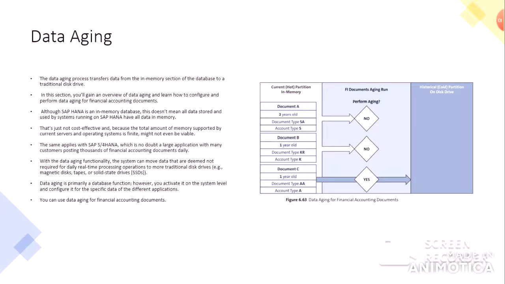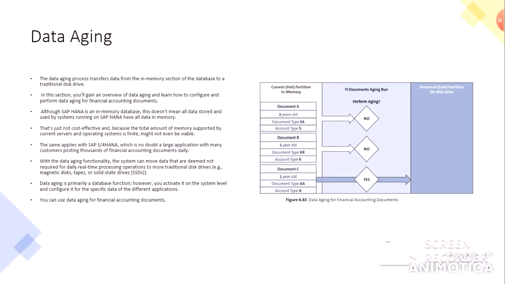The same applies to SAP S/4HANA, which is no doubt a large application with many customers posting thousands of financial accounting documents daily. With the data aging functionality, the system can move data that is deemed not required for daily real-time processing operations to more traditional disk drives, for example magnetic disk tapes or solid state drives.